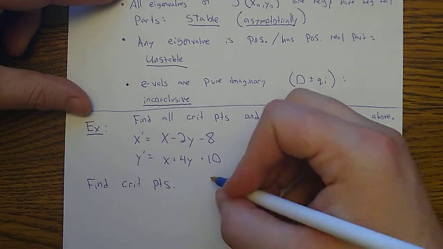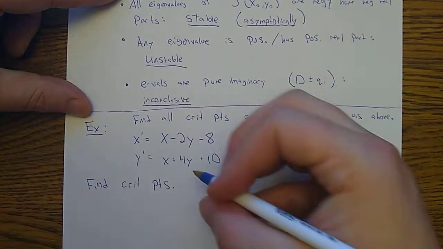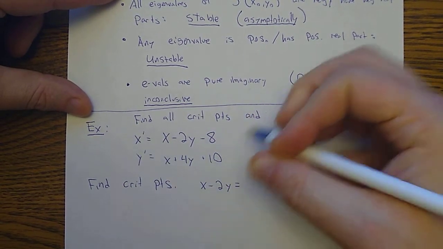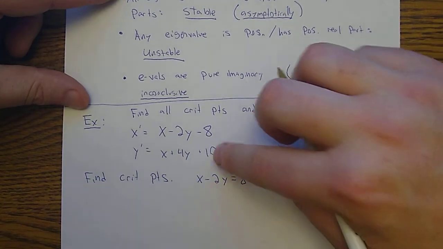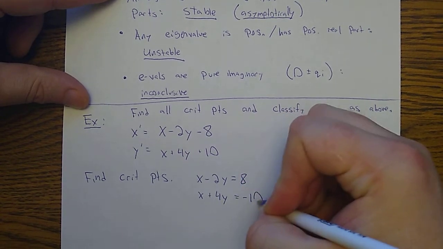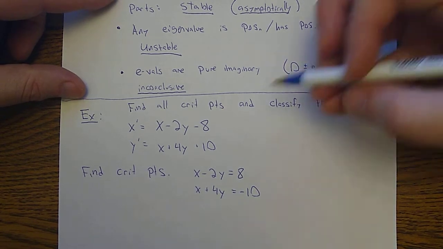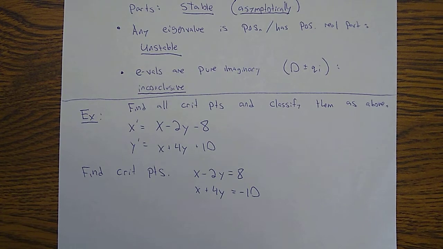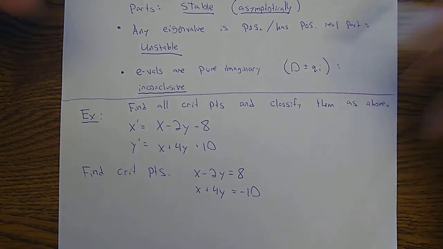If I want to be smart about this, instead of writing this equals 0, I'll write this equals 8, and this equals -10, because I can already see what I'm going to do, which is just normal stuff for solving a system. This is just a linear system of equations.